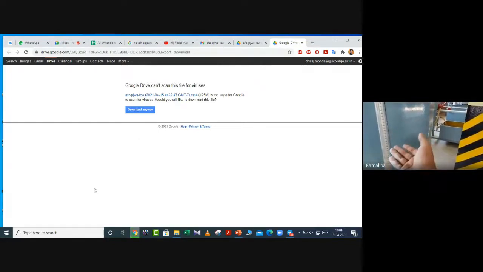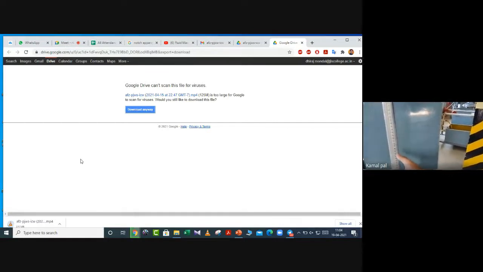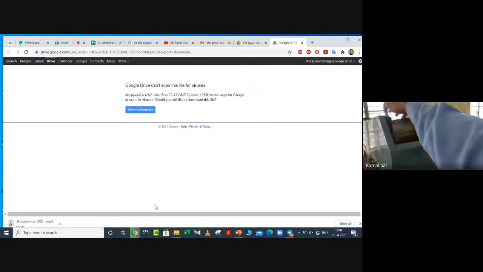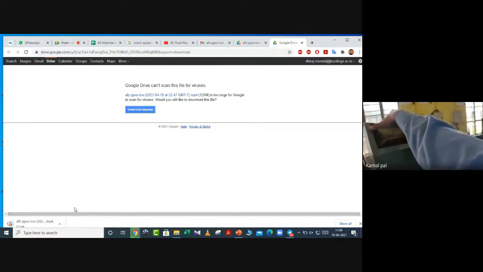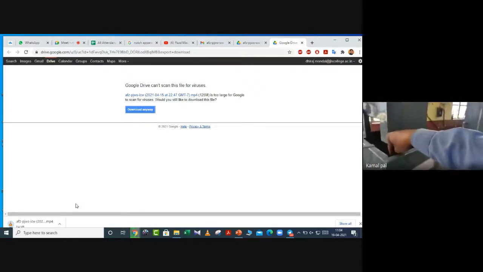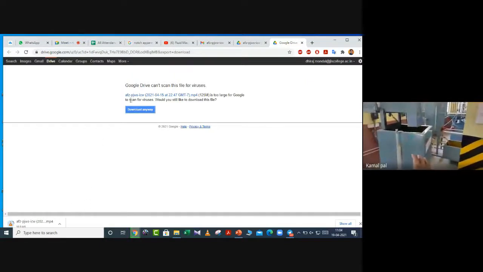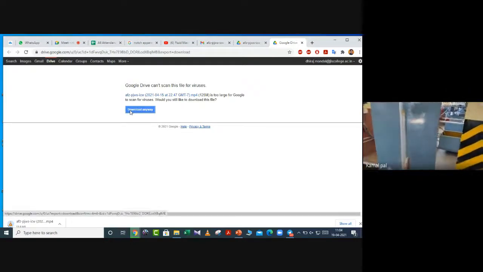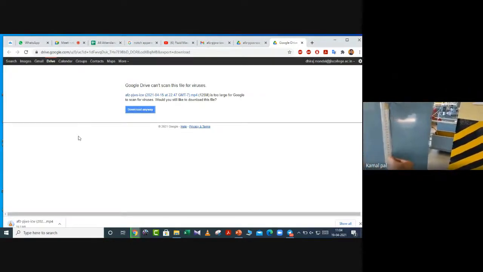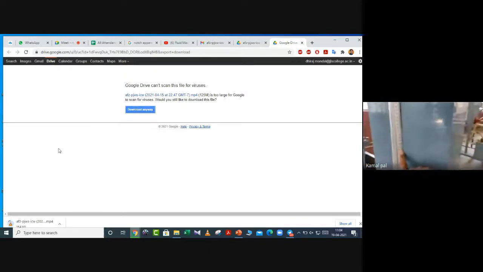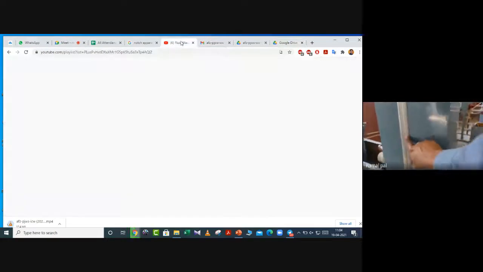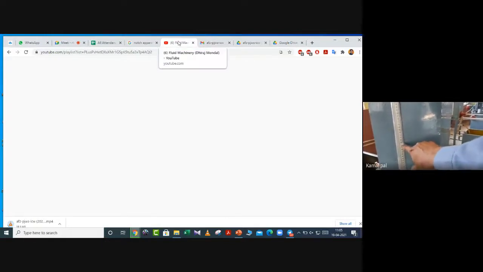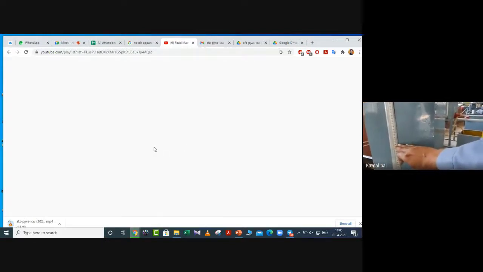The height is measured using this scale, which is placed there.